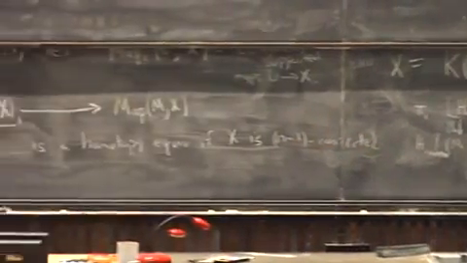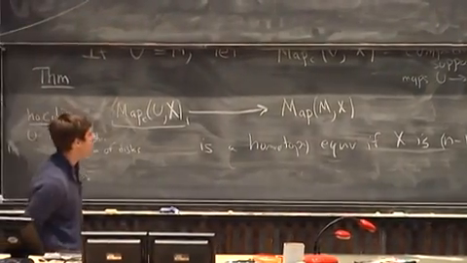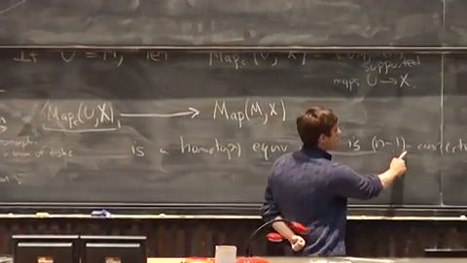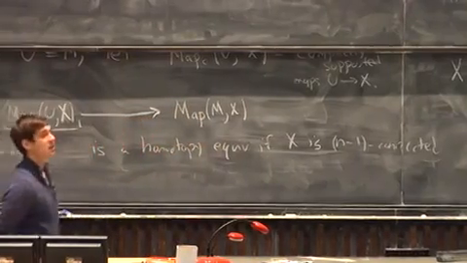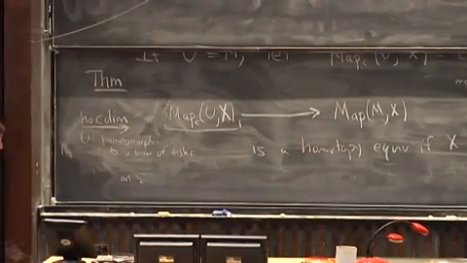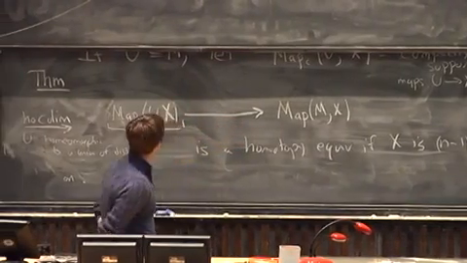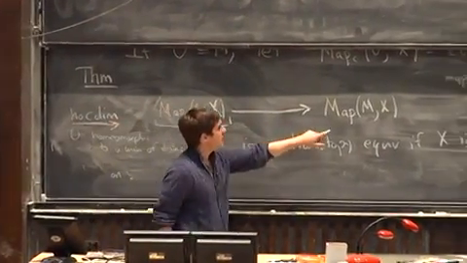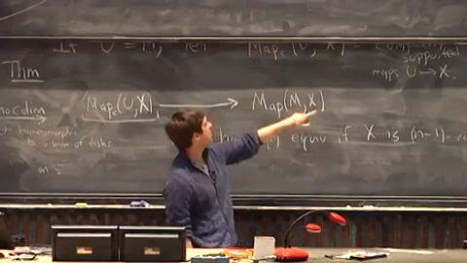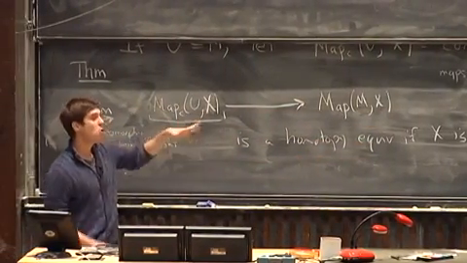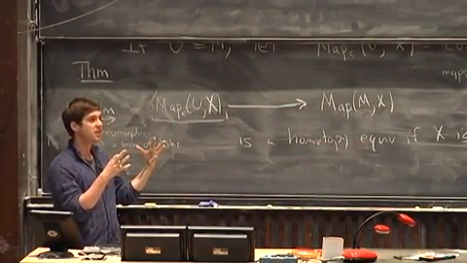Maybe you might ask, why do I need, in the statement of the theorem, X to be n minus 1 connected? You might ask, why do I need that assumption? Well, let's think about what would happen, for example, if X was disconnected. What we want to say is that any map from M into X comes from a map that's supported in a finite union of disks.